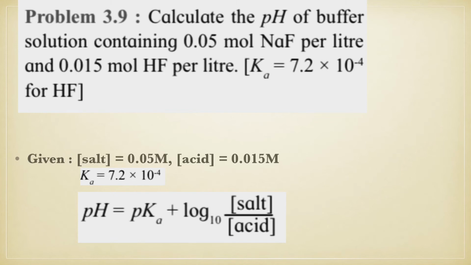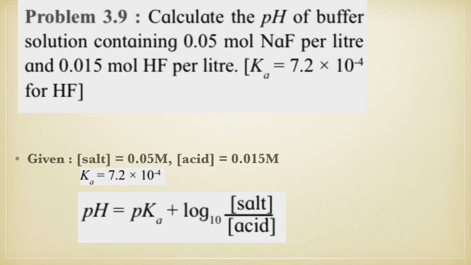Ka is equal to 7.2 into 10 raised to minus 4 for HF. First we'll understand what is given in the problem. What is 0.05 mole NaF? NaF refers to the salt. So the concentration of the salt is given as 0.05 mole. Right? Next is the concentration of the acid given, HF.